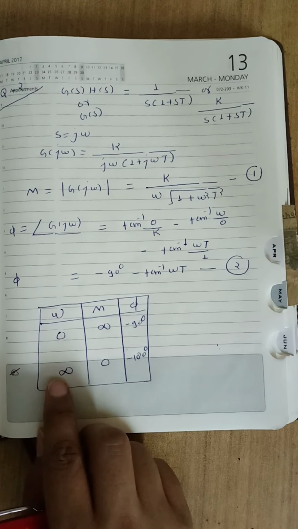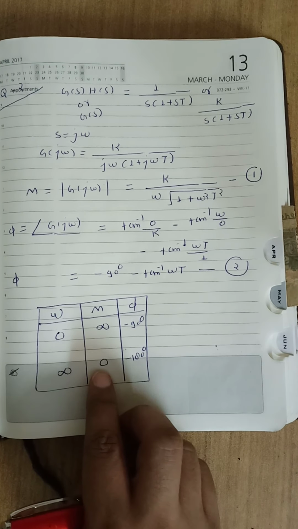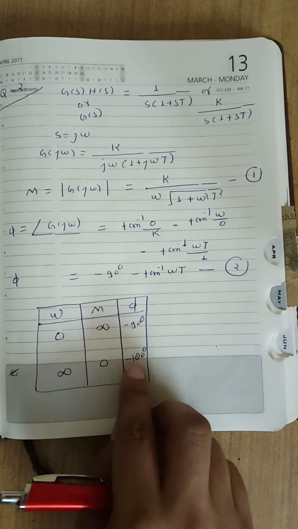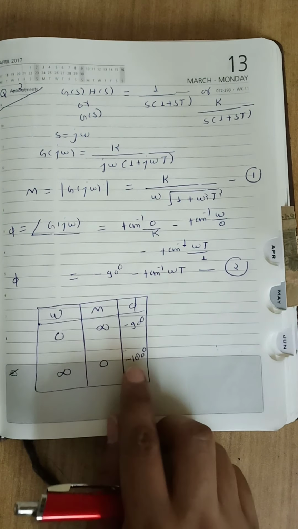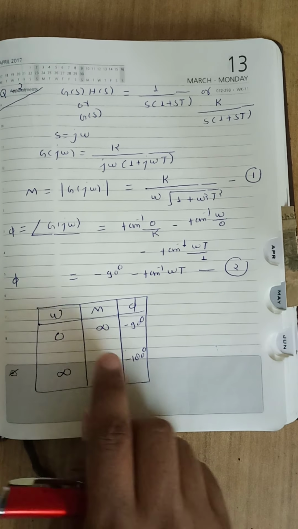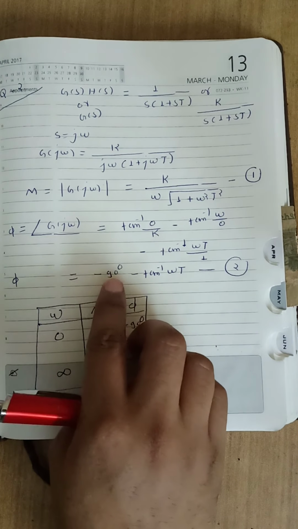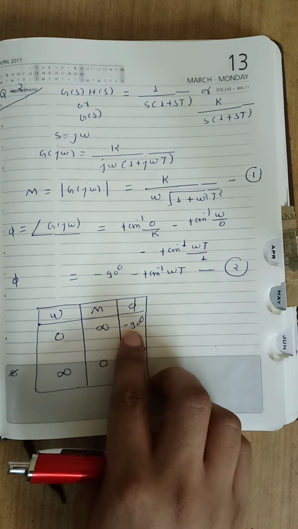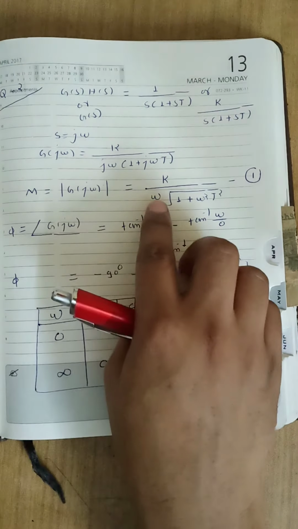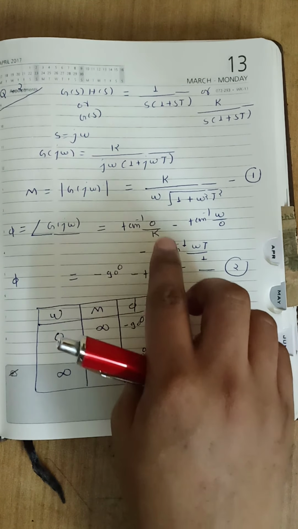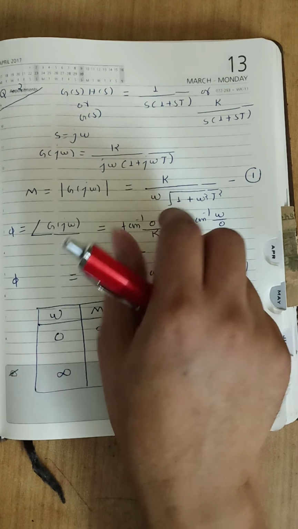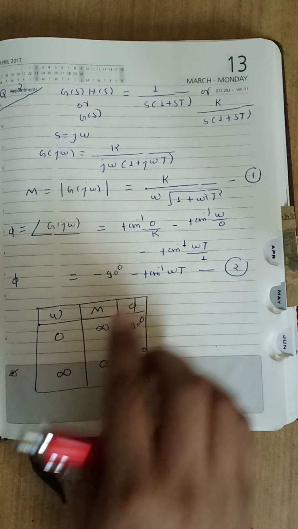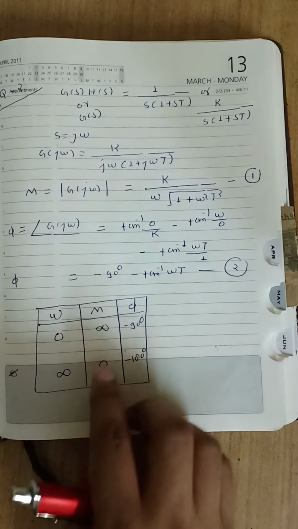For omega equal to 0, the phase is minus 90 degree minus 0, so minus 90 degree, and the magnitude becomes K divided by 0, which means infinity. For omega equal to infinity, the magnitude becomes 0.